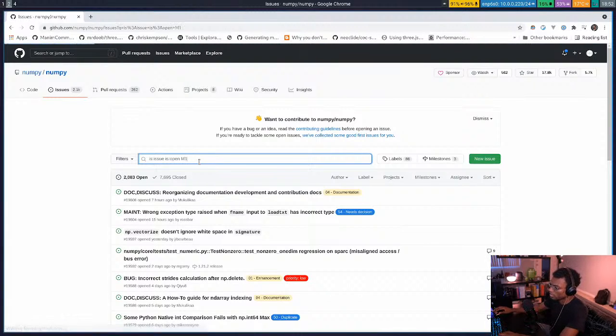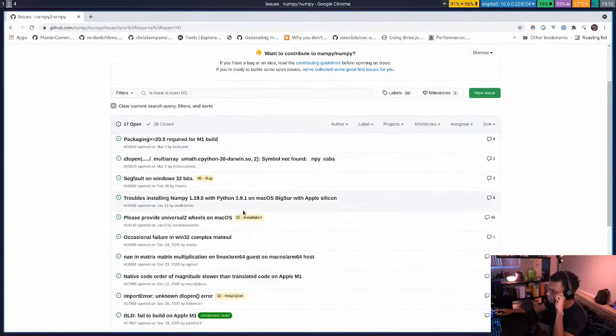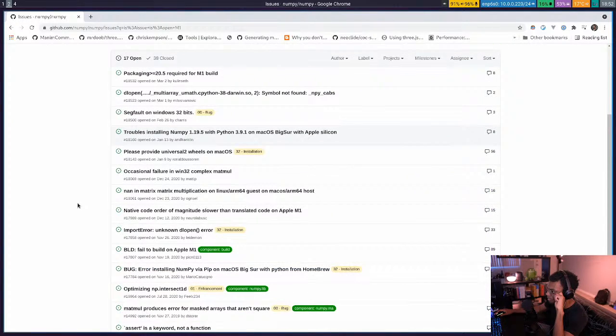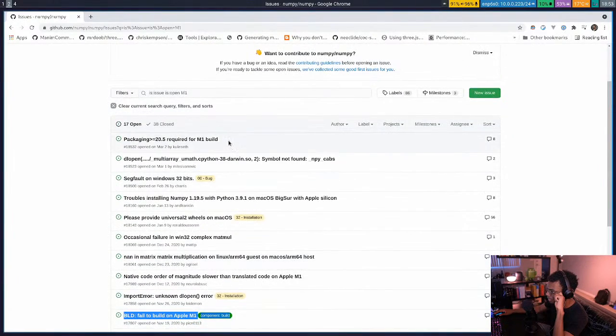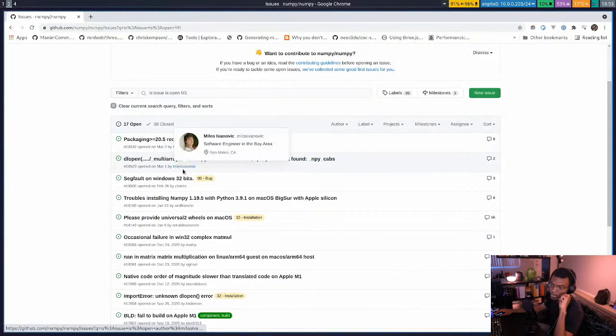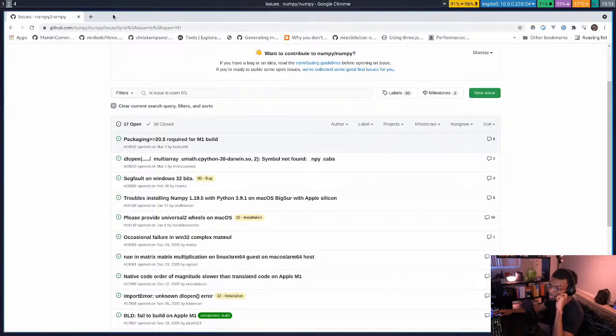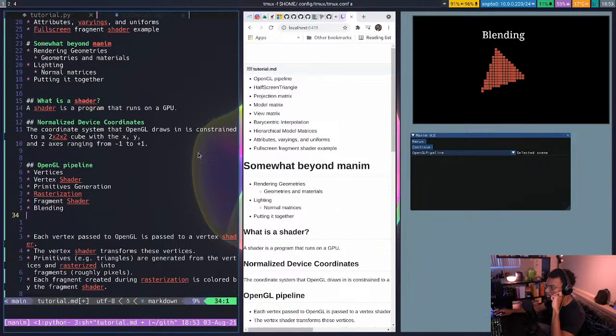Let me just put M1 here. I guess with this specific version there were problems. Oh yeah, there are a few, like this person can't do it. Maybe this is a fix. Oh, and you have it running in one. Okay. Then maybe that's gotten better.